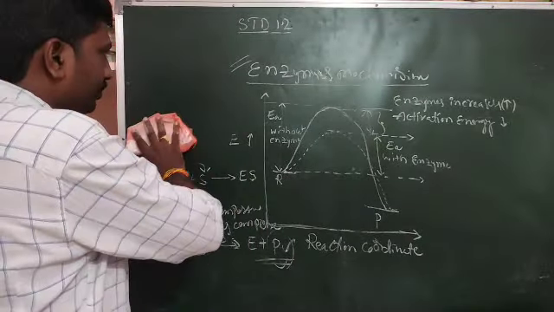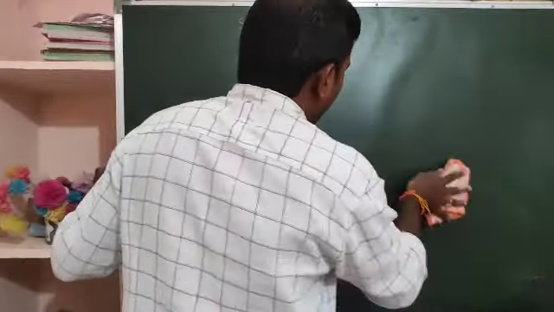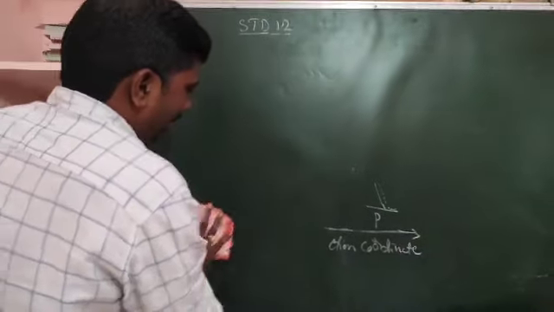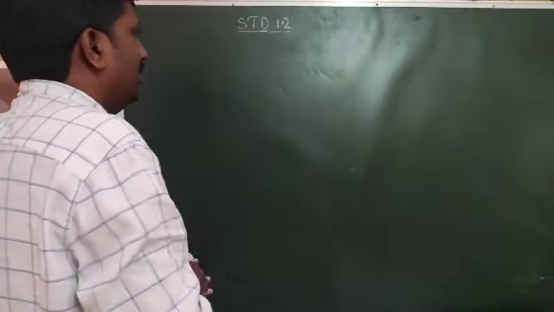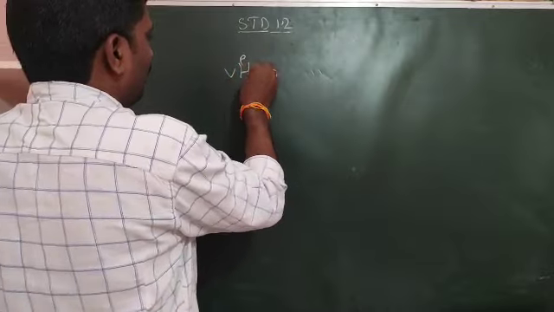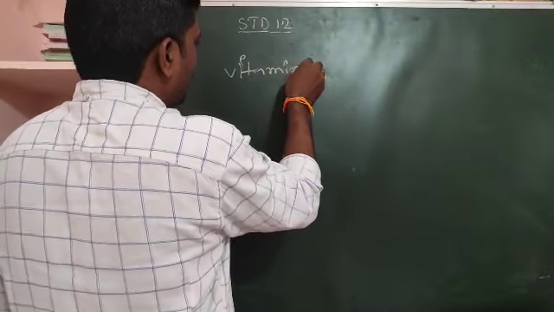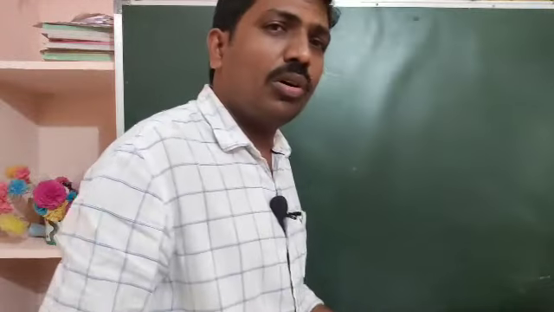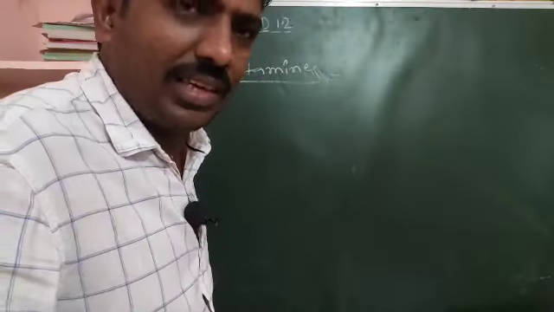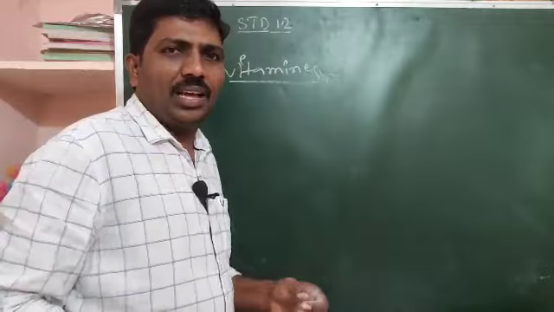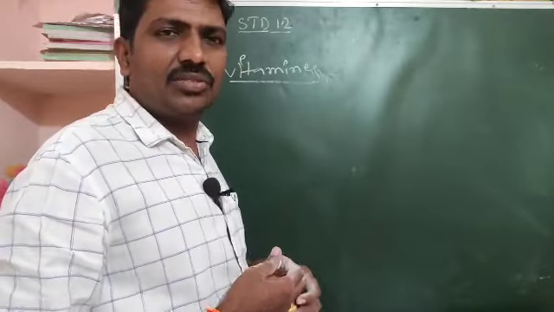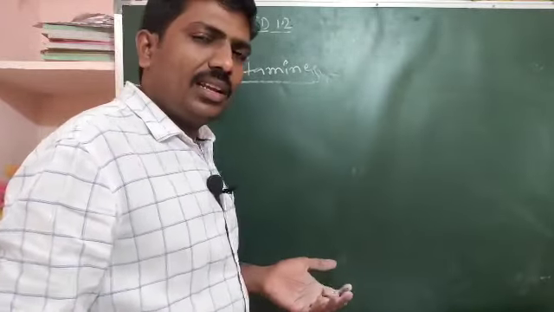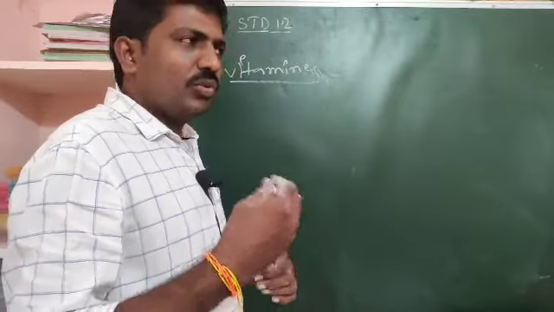Next, vitamins. It is an organic substance. Vitamins are small organic substances required by human beings, animals and every living organism, because without them some diseases will come. Excess also causes some diseases.